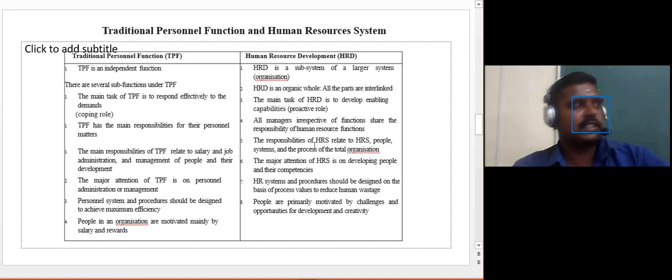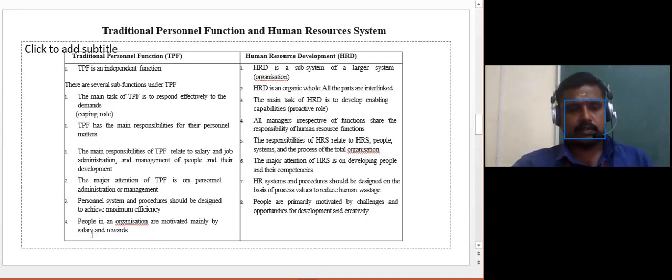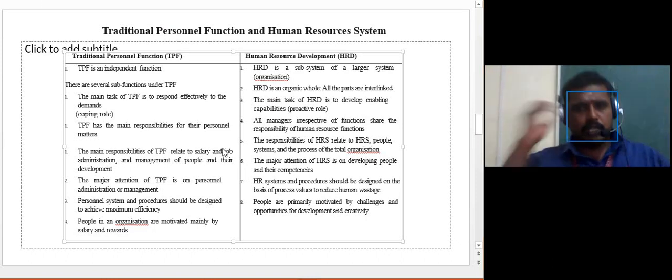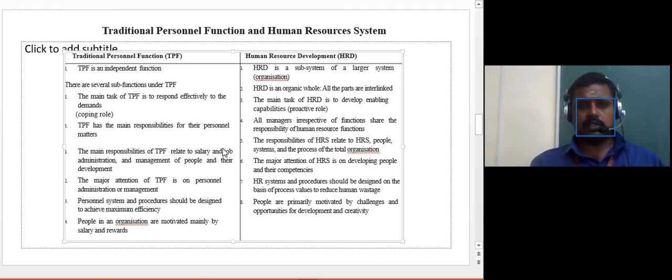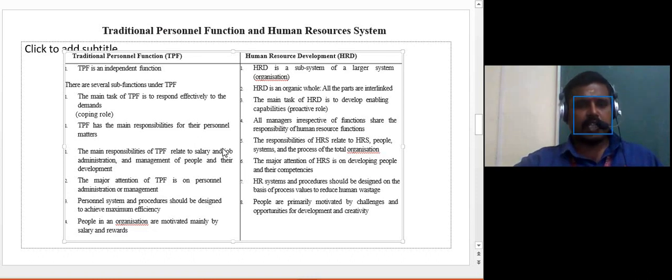In traditional personnel functions, the personnel system and procedures should be designed to achieve maximum efficiency.